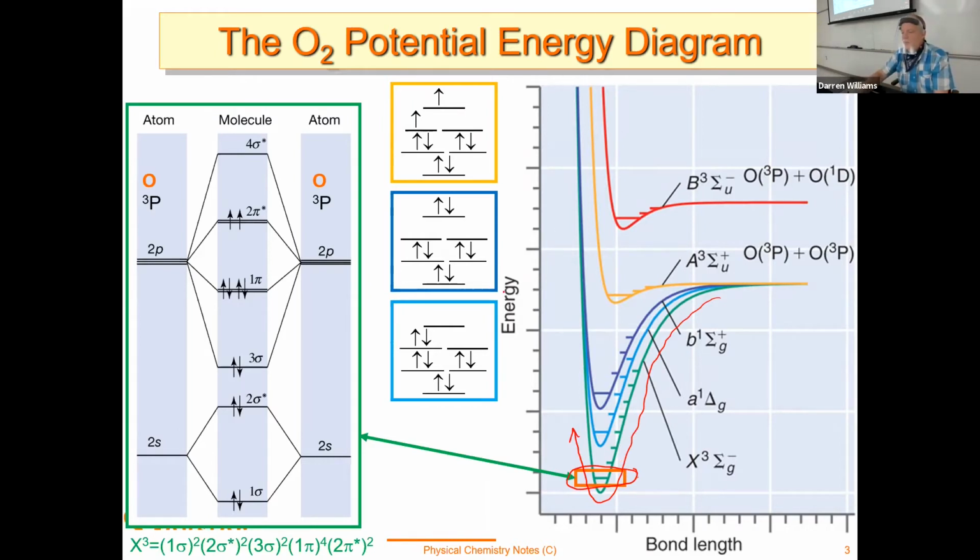Notice I've shown different populations of electrons. This green box here, the green potential energy surface corresponds to the green box right here. And this green box shows you the ground state for the oxygen molecule, where we have two spin up electrons in two separate pi star orbitals. And that's the lowest energy electron configuration for this molecule. But what if we paired up that electron in one of those pi star orbitals? Well, that would be this light blue one here.